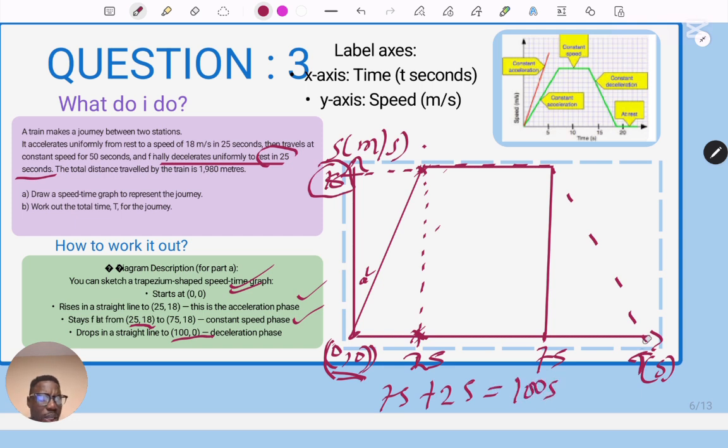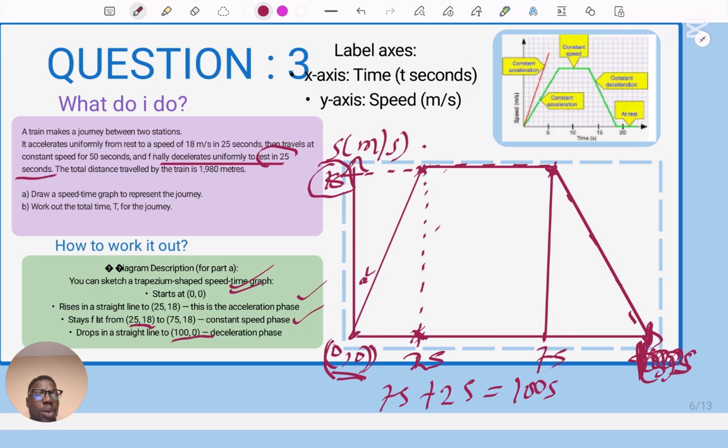So on the horizontal axis, I'll be having 100 seconds here. And on the vertical, it is starting from here. So I can link the two together now. Perfect. So this is the diagram of the speed.